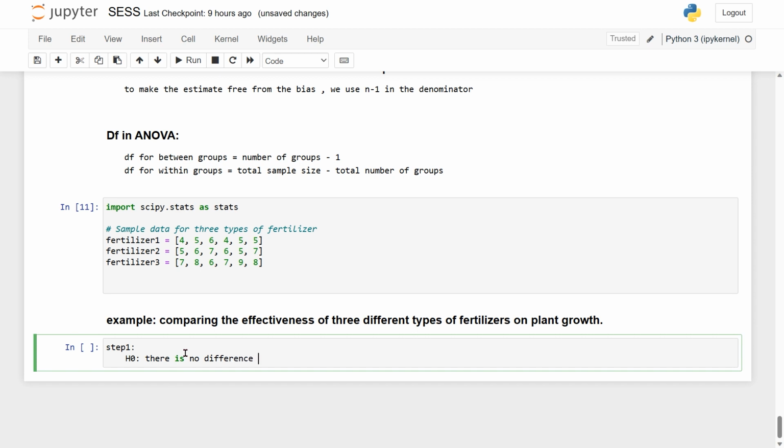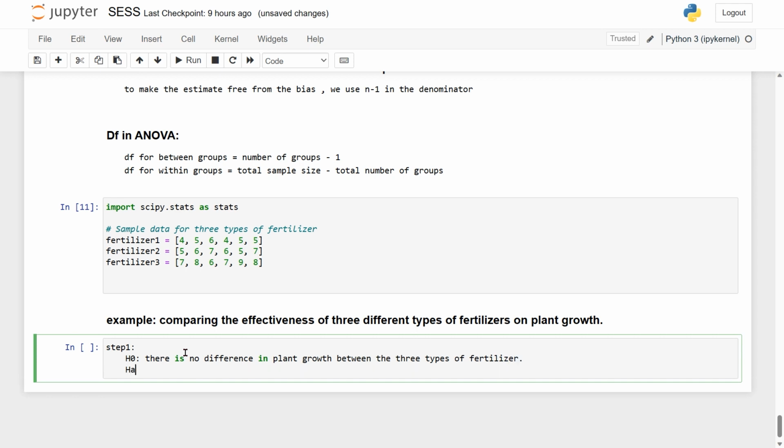And the alternative hypothesis would be there is a significant difference. That's the alternate hypothesis. The first step is done.